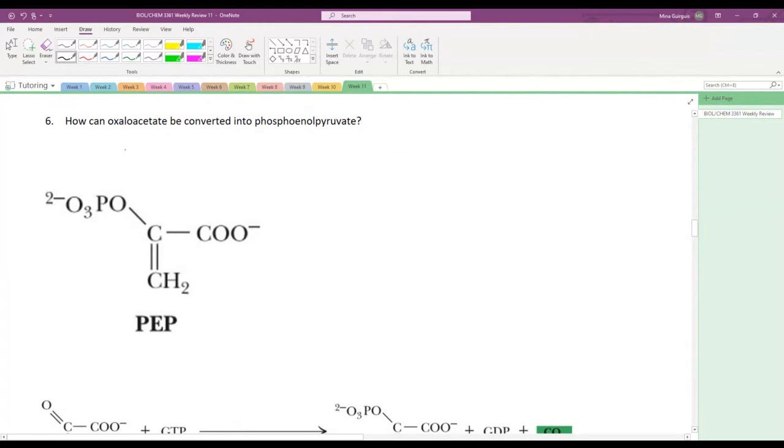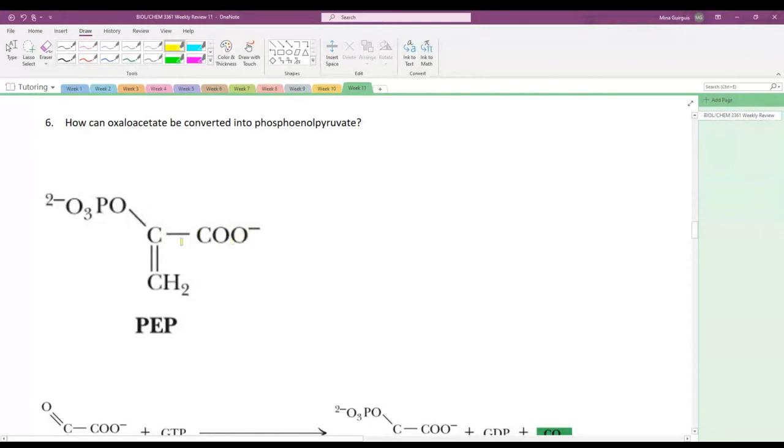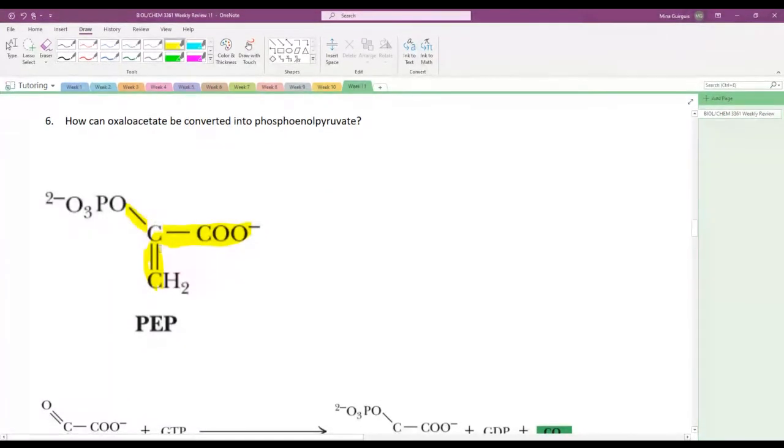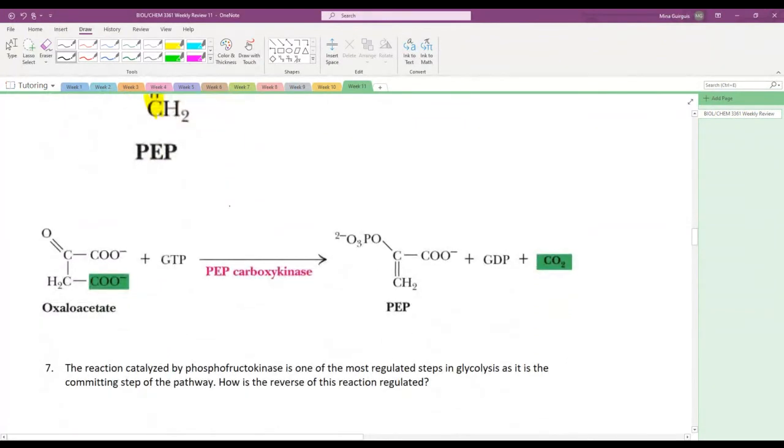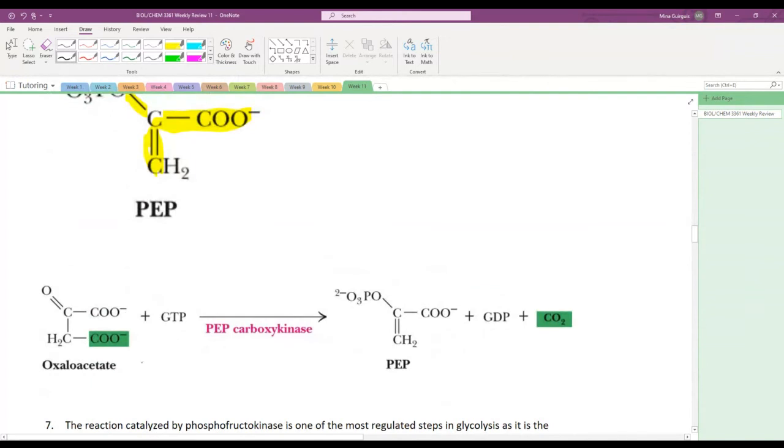Like we said, we have this enol, not very stable. And we've got a phosphate attached to it, so it's really not happy. Oxaloacetate being converted to it is driven by GTP hydrolysis.